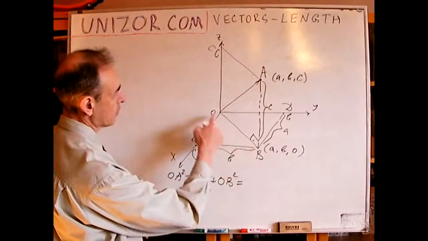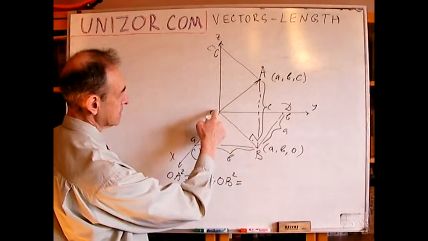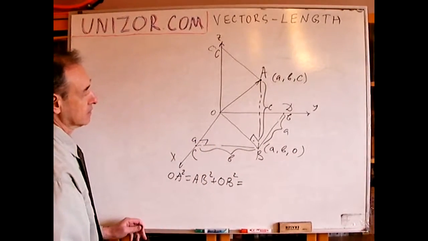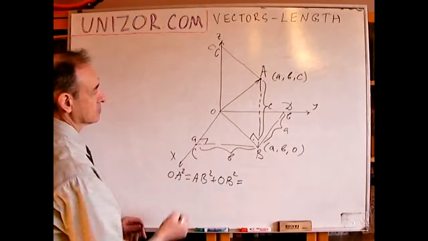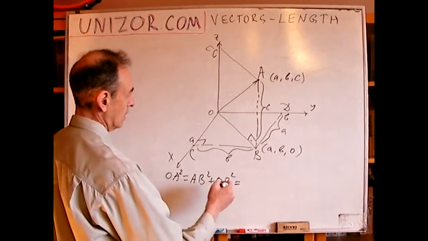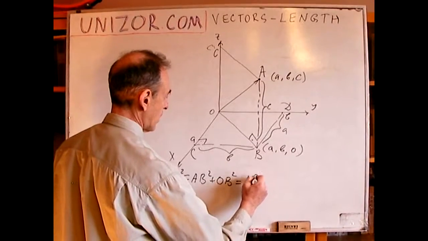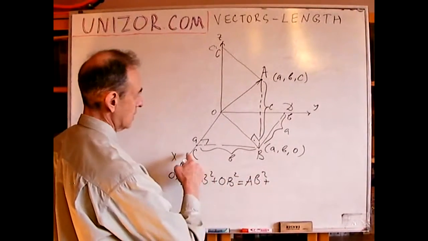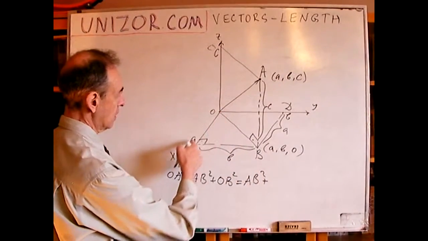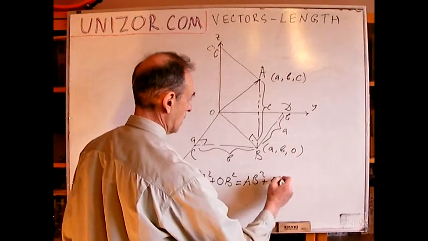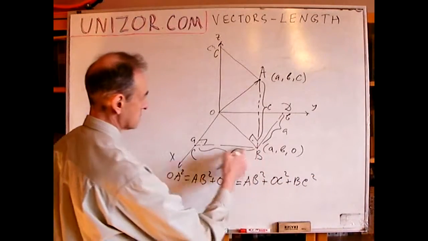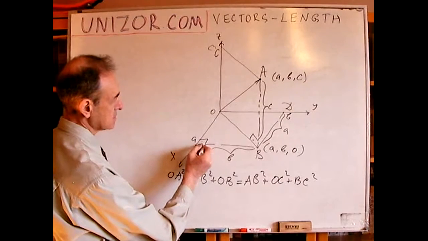Now, OB square, now this is the hypotenuse, and this angle is the right angle, right? Because this is the projection onto this axis. So, AB square plus, instead of OB square, again, Pythagorean theorem, I will use OC square plus BC square. So this angle is right angle.